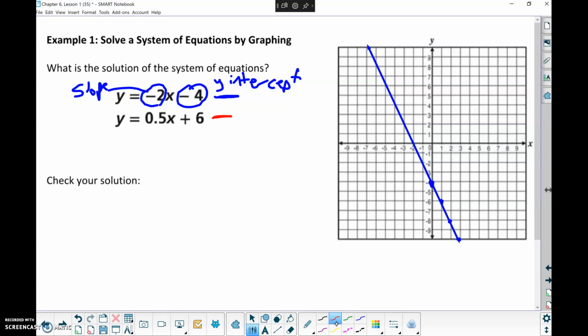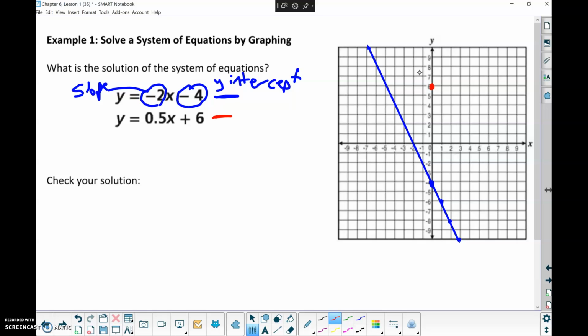So if we use the same idea, where should I start for y equals 0.5x plus 6? Six is going to be the y-intercept. Slope, 0.5. Now, I don't like decimals as slope.